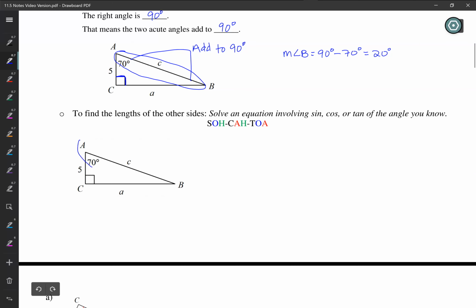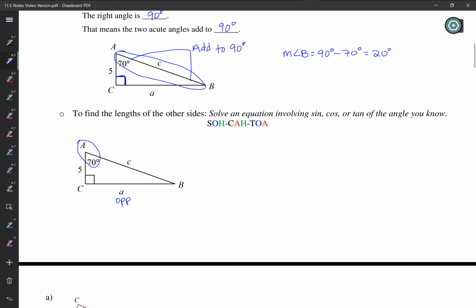So I'm going to focus on this angle right here. And I am going to set up equations using sine, cosine, or tangent of that angle. So I'm going to label the sides as opposite, adjacent, and hypotenuse. Let's start with A. So if I look at A, it is opposite that angle, and I need the side that I know the number of.